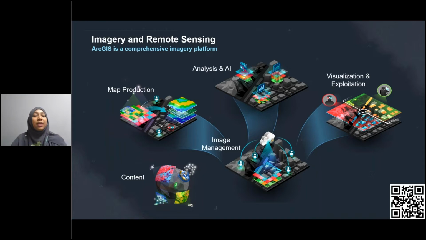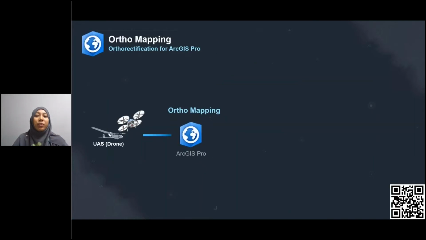Okay, so next, I will touch on how to generate the map production using ArcGIS capability to process the drone collection data. The most comprehensive set of map production tools is the Automapping tools within ArcGIS Pro.